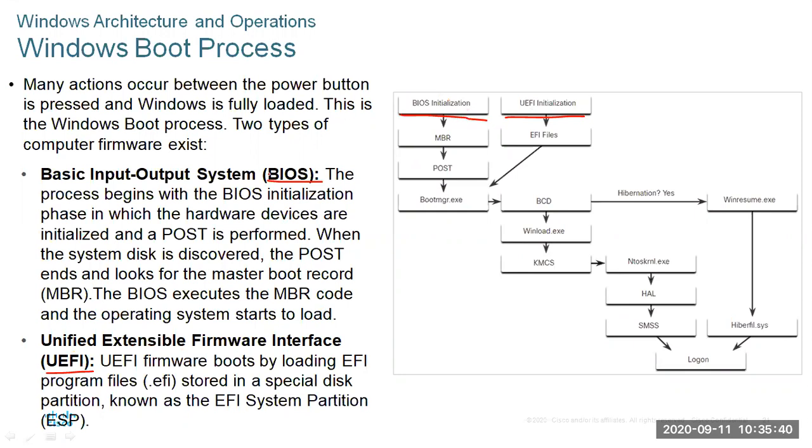In the BIOS, the process begins with the BIOS initialization phase, in which the hardware devices are initialized and a POST is confirmed. When the system disk is discovered, the POST ends and looks for the master boot record. The BIOS executes the master boot record code and the operating system starts to load. That is this particular path.